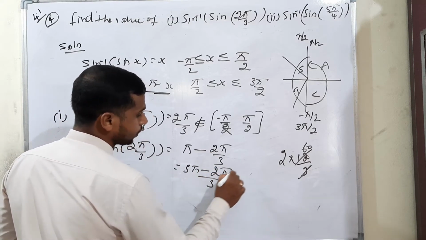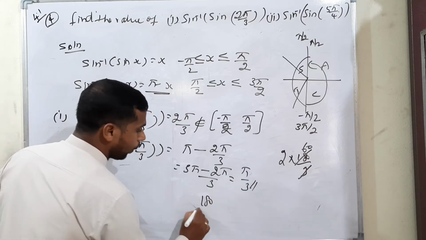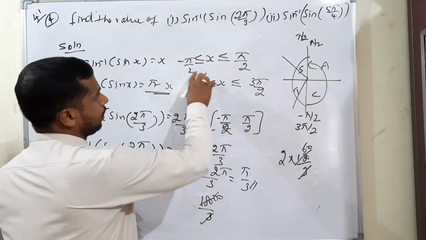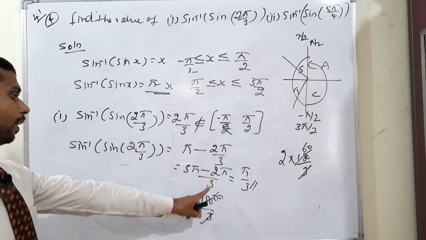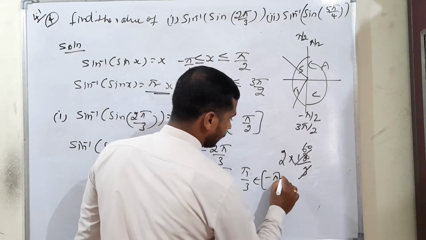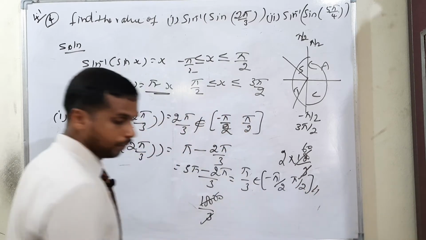Therefore 3 pi minus 2 pi is pi by 3. Now you can check it. Pi value 180 divided by 3 is 60. See, it is in between negative 90 to positive 90. Our answer is also correct. So pi by 3 belongs to negative pi by 2 to positive pi by 2. This is the subdivision 1 answer.